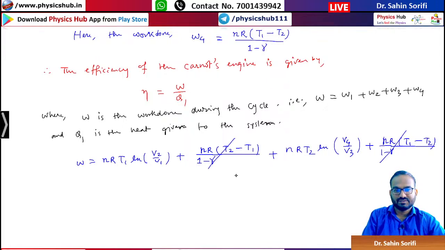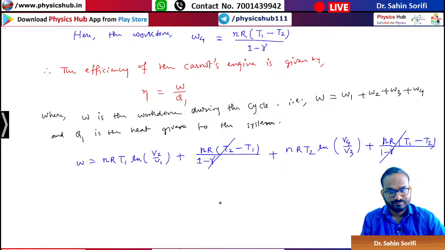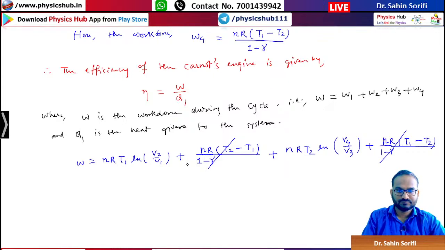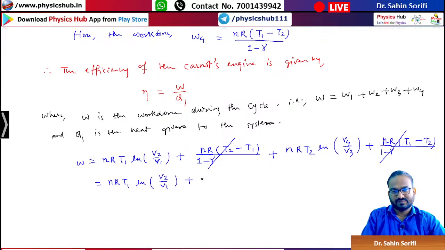We are left with nR T1 ln V2 by V1 plus nR T2 ln V4 by V3.